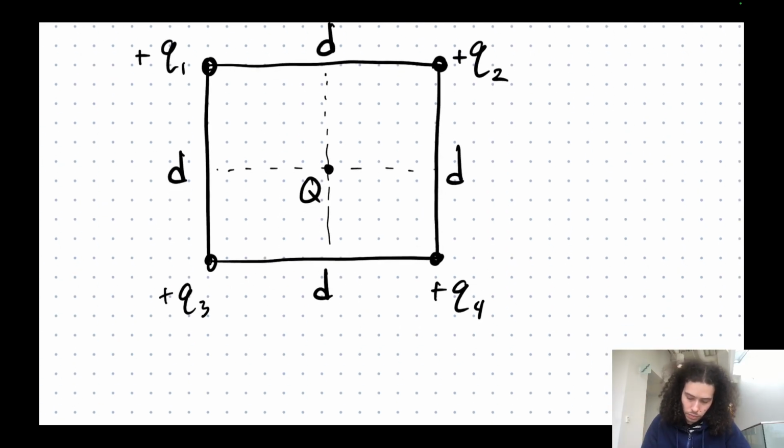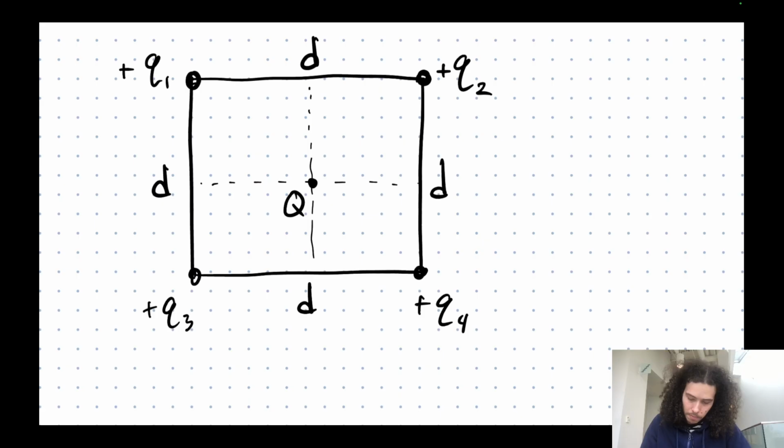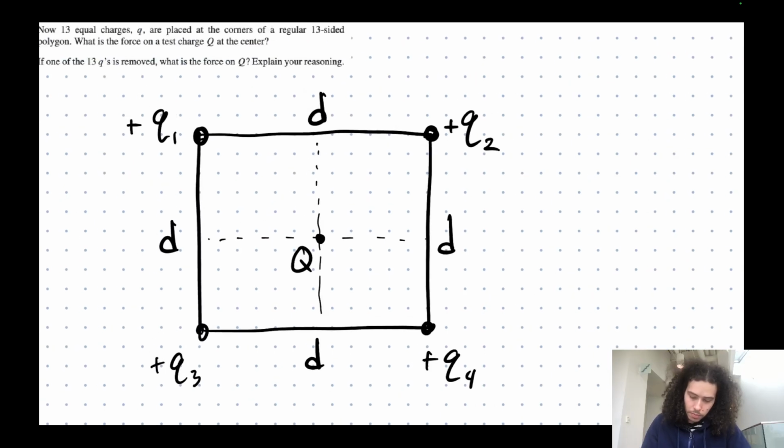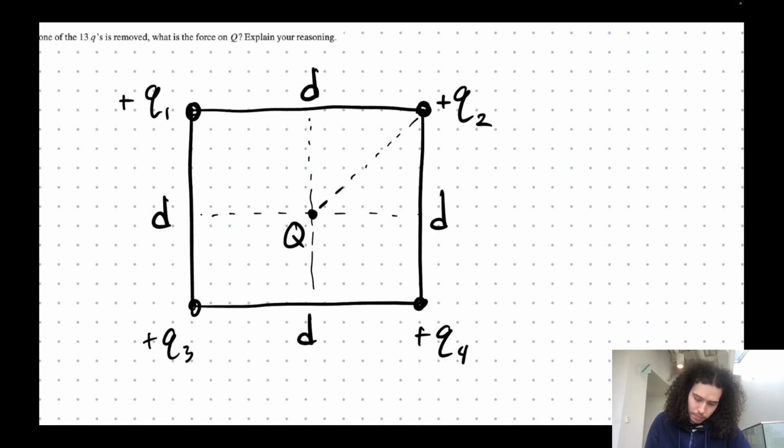The idea with this problem is that this polygon here, these are the distances that matter. Let me call this one R1, R2, R3, R4.